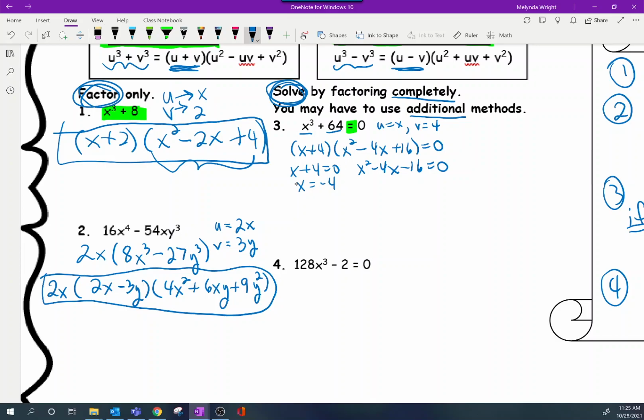Solving trinomials, we have quadratic formula, completing the square, and factoring. Since this is the second piece of a sum of perfect cubes, it's not factorable. So we're going to have to rely on either quadratic formula or completing the square. Let's do quadratic formula for fun.